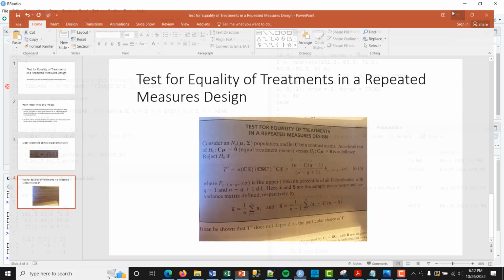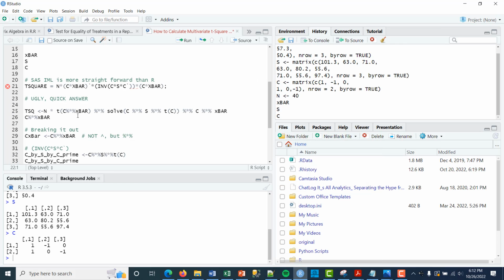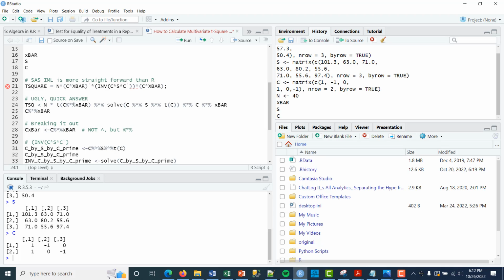All right. So if you want to do it real quick, I'm going to do it real quick, and I'm going to do it ugly, and then I'm going to break it out into components so that you can see the components. But this is the way you do it directly: this is the scalar n times the transpose of C times X bar.